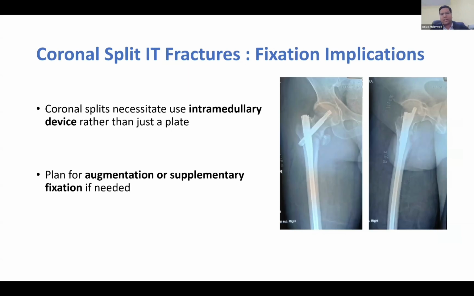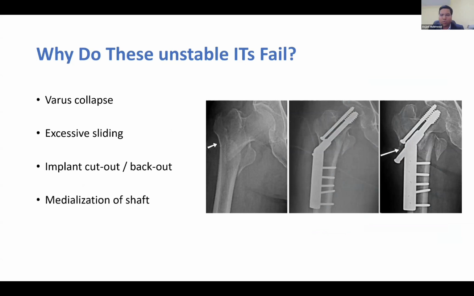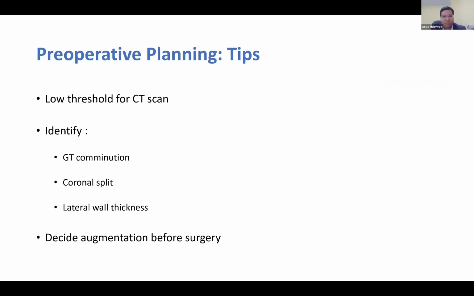So why do these unstable IT fractures, like posteromedial comminution, lateral wall blowout, or coronal splits, fail? Because they fail in the following ways: either varus collapse, or excessive sliding, or implant cutout, or medialization of the shaft. So what are the preoperative planning tips to improve the outcome in these types of cases? The threshold for CT scans should be low.